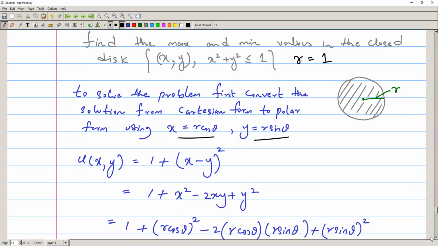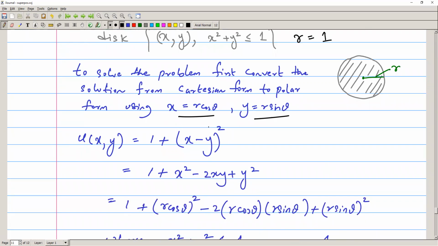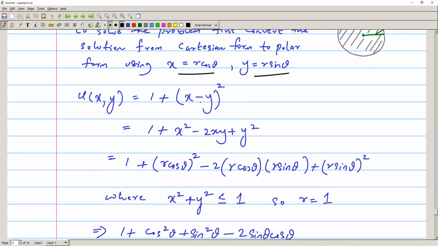So now when we apply r cos theta and r sin theta in the solution, first of all we open the bracket using the formula, and now we apply the values of x and y, that is r cos theta, r sin theta.